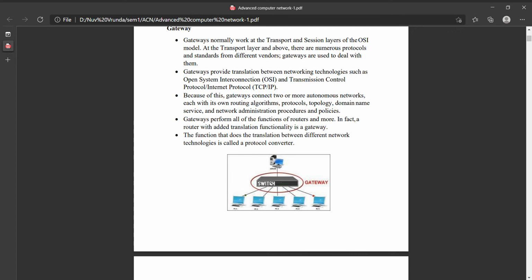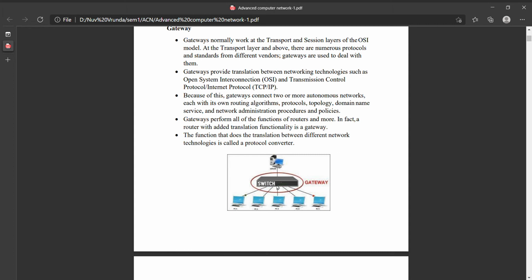It means using a gateway we can set a default gateway. Okay, and a gateway performs all the functions of a router and more. In fact, a router with added translation functionality is a gateway.